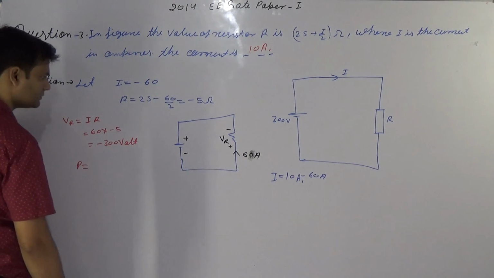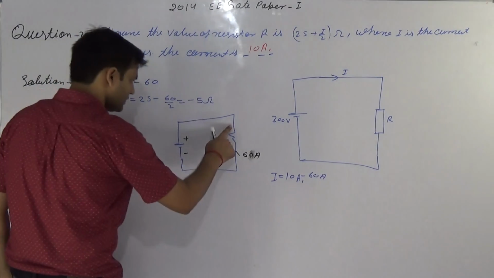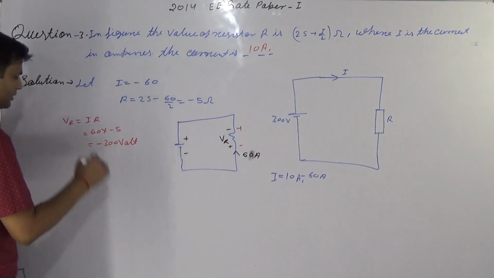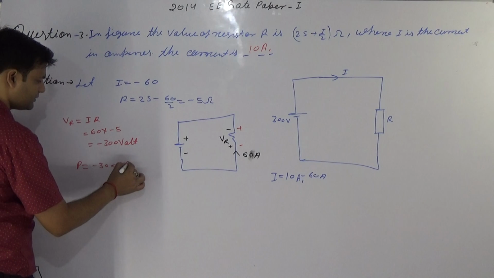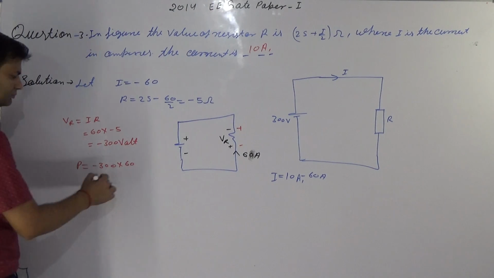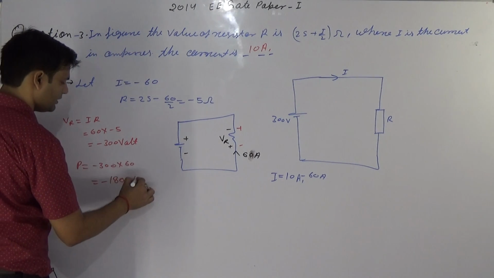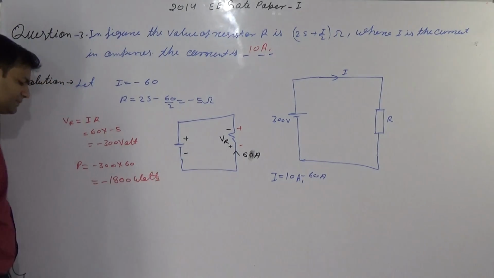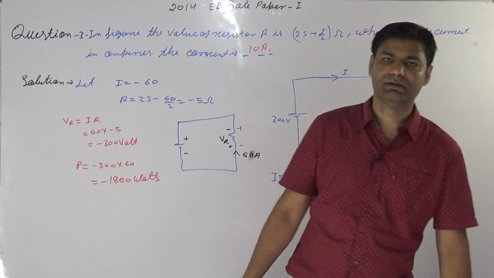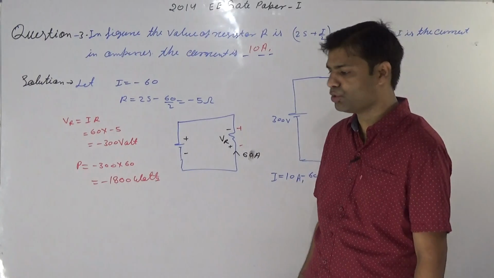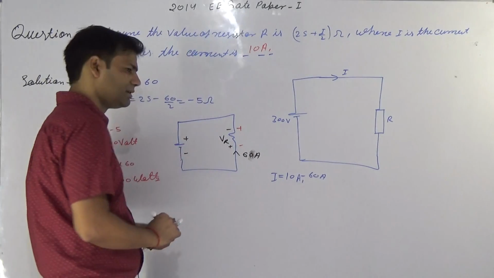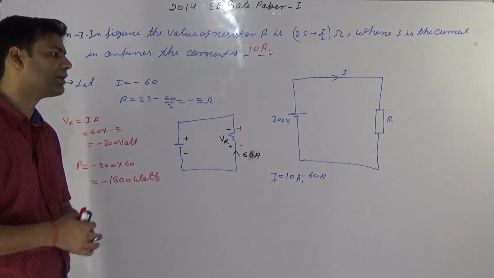Power is 300 into 60, which is 18000 watts. The minus sign indicates power delivered by the element, by the load. Is that possible or not?